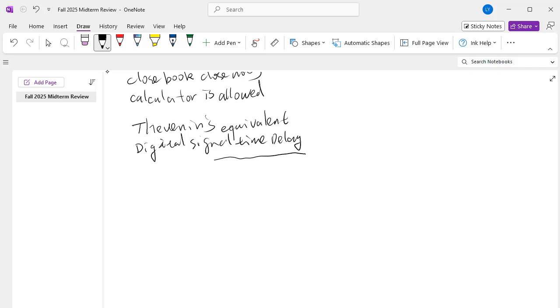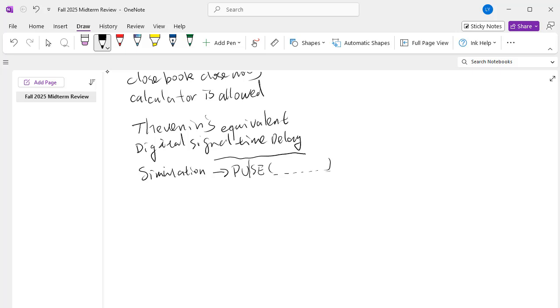But there's one more thing that you need to know, which is simulation related. For example, a pulse. You want to study the pulse function. So what are the arguments in the pulse function?